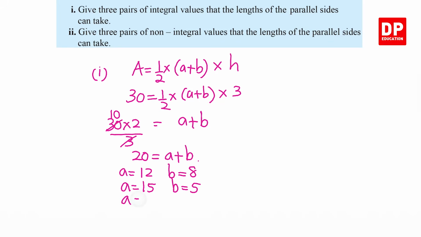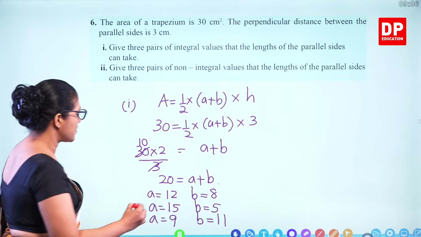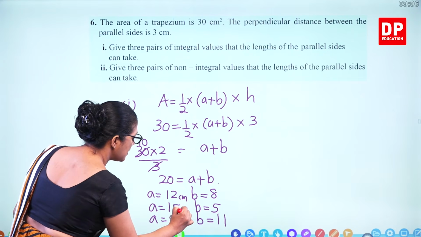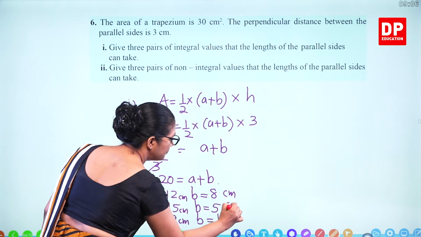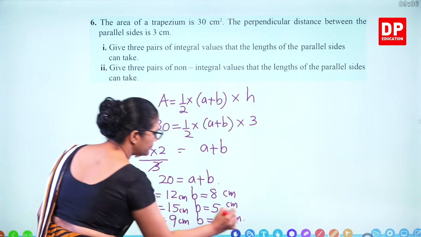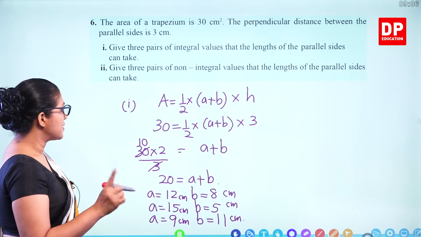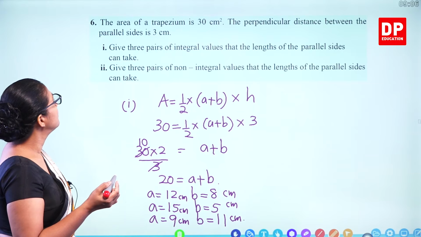If a equals 9, the other length is 11. So 3 pairs. All these are in centimeters. So we need to know the sum is 20.